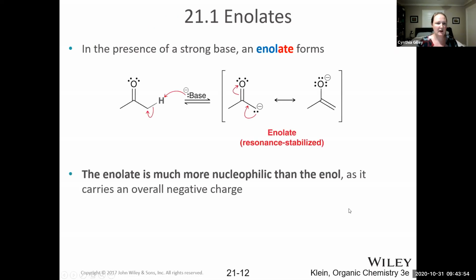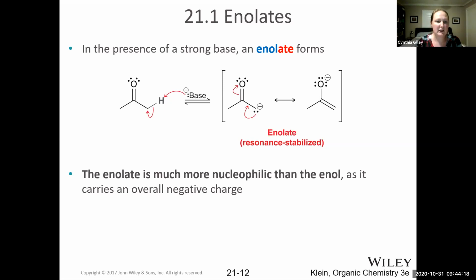Okay, moving on, let's talk about if you're in the presence of a full equivalent of a strong base, then an enolate forms. So you might be confused because we just talked about a strong base forming an enol, right, with hydroxide ion. But remember that that was only a catalytic amount of a strong base.